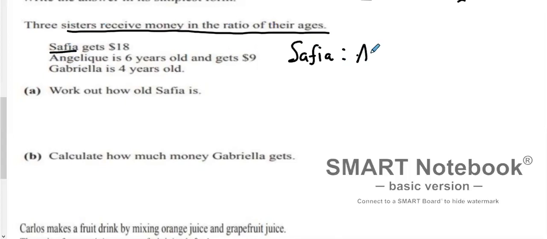Angelic comes second. So I'm trying to put the names in the form of a ratio. And Gabriela. Okay, here we go. Safia gets $18.